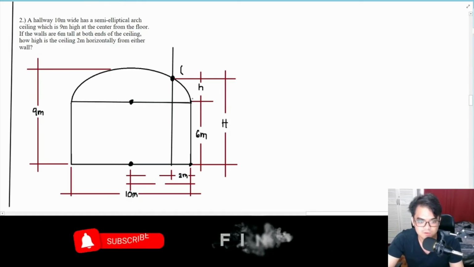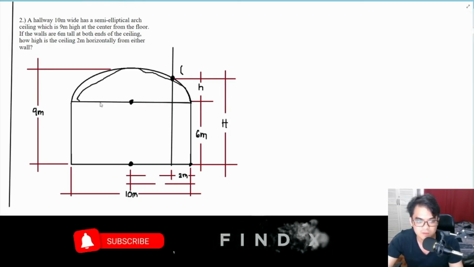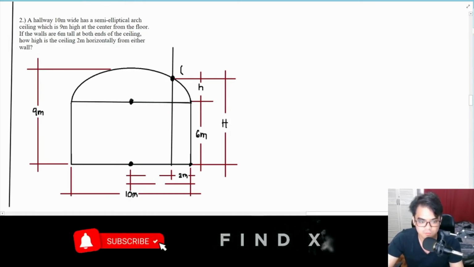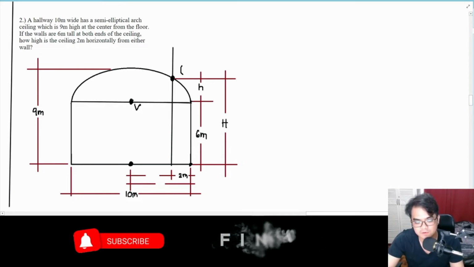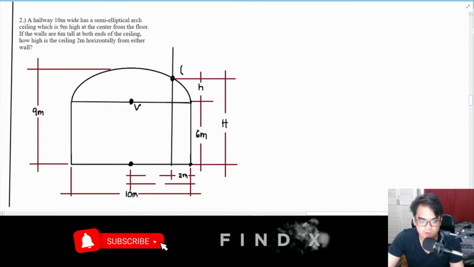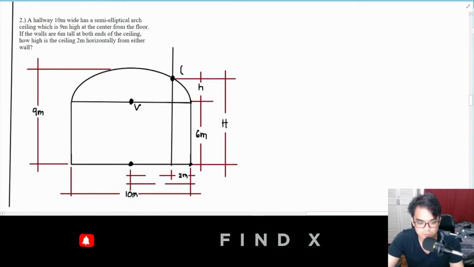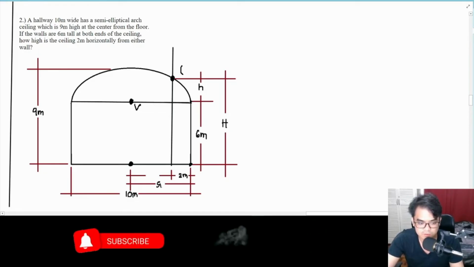And if this is the semi-elliptical arc, then this point will be your vertex. If this is 2, then this is 5 meters, and therefore this is 3 meters.